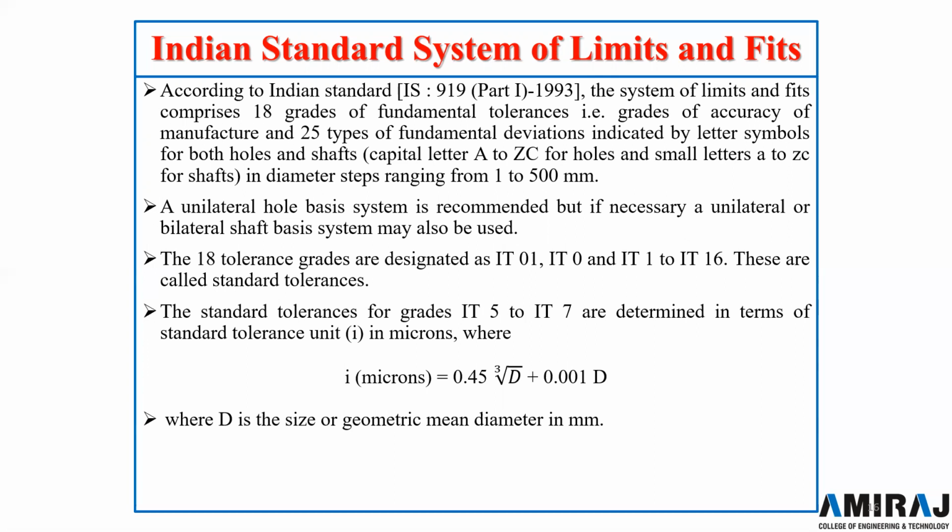A unilateral hole basis system is recommended, but if necessary, a unilateral or bilateral shaft basis system may also be used. The 18 tolerance grades are designated as IT01, IT0, then IT1 to IT16.